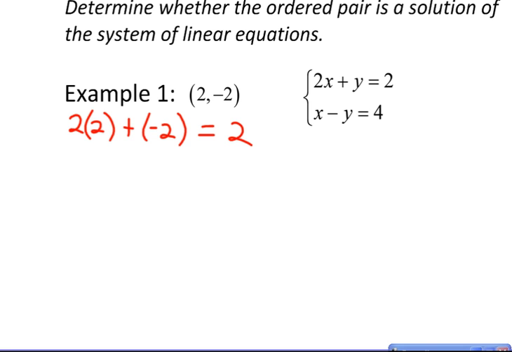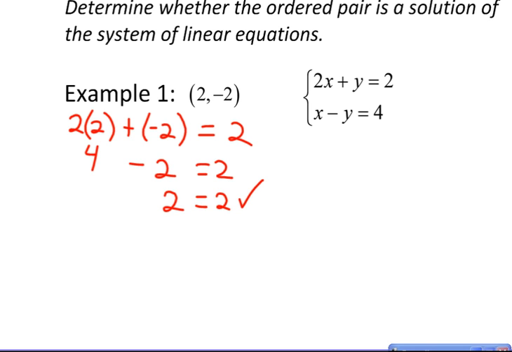So 4 minus 2 equals 2. 2 equals 2. When the left side and the right side equal the same exact number, the ordered pair makes the equation true.